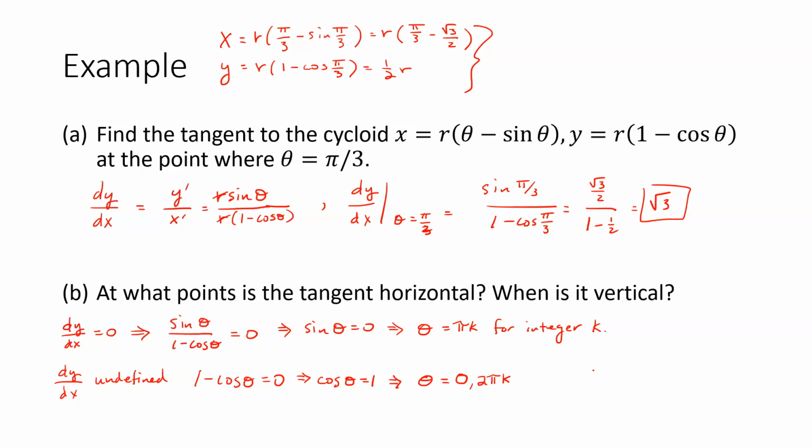So we have to think now, at which points is it going to be vertical and which points is it going to be horizontal? And it helps to visualize the graph here. We know that the cycloid curve looks like this, where as it goes through one complete rotation, it's going to go from 0 to 2 pi. And then pi here in the middle would be where it reaches the peak.